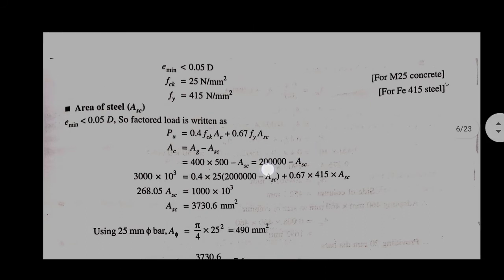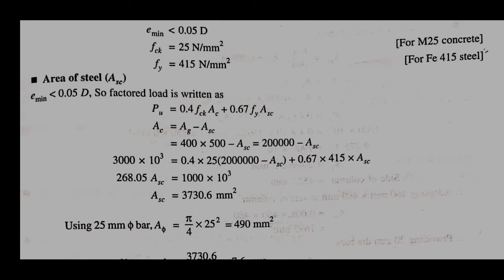So this is the value of Ac. In the equation we have to put all the values: 3000 into 10 cube is equal to 0.4 into 25 into (the value of Ac) plus 0.67 into 415 into Asc.